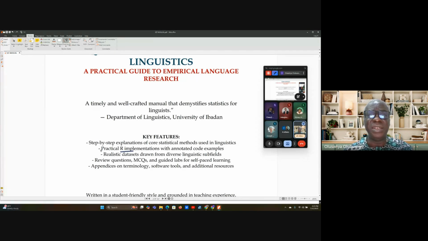In the manual also, we have a lot of linguistic data sets, though mostly simulated, but they still serve the purpose of learning. They make the learning practical, and with the combination of R and the data sets, you have a good taste of the coding of the subject.